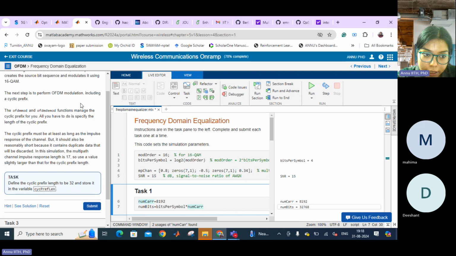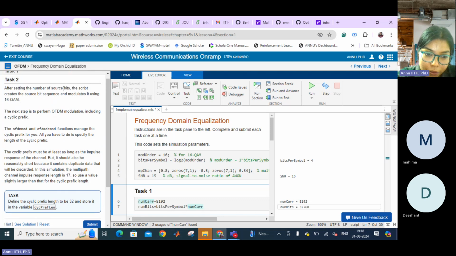It's correct only. Now, after setting the number of source bits, how many carriers are you taking? In one carrier, you will have one COM symbol, and one COM symbol will have 4 bits. That's why it is multiplied by bits per symbol.